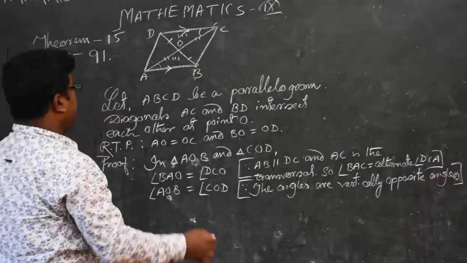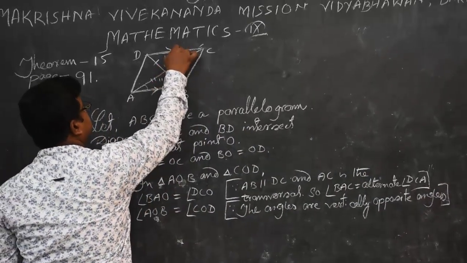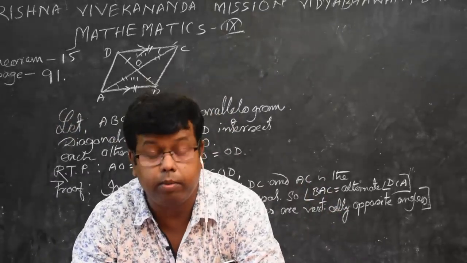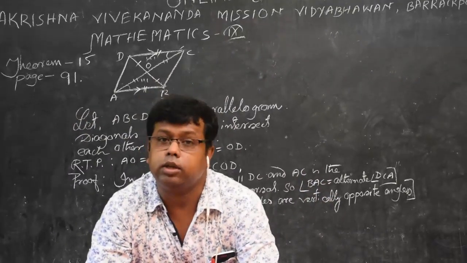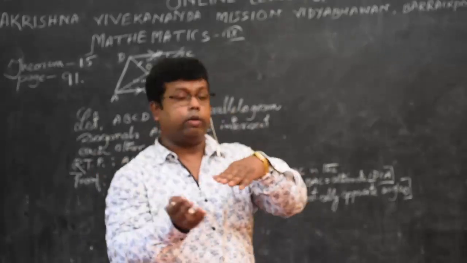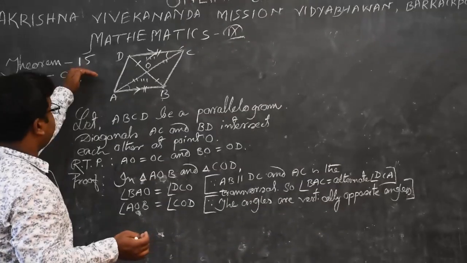And AB equal to DC. Why AB equal to DC? We proved in the previous theorem, theorem number 14, that the opposite sides of a parallelogram are equal. So it becomes an axiom for the next theorem, theorem number 15.